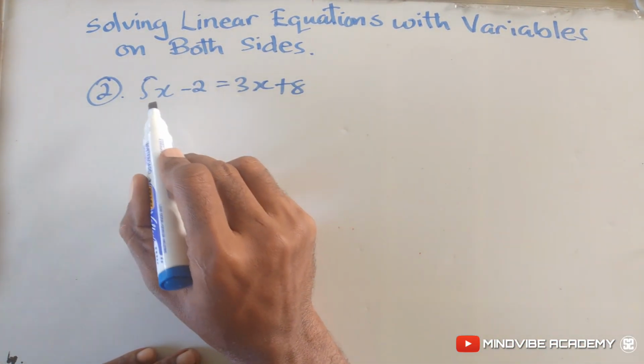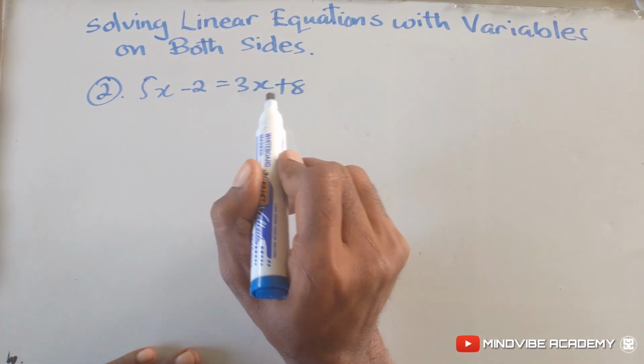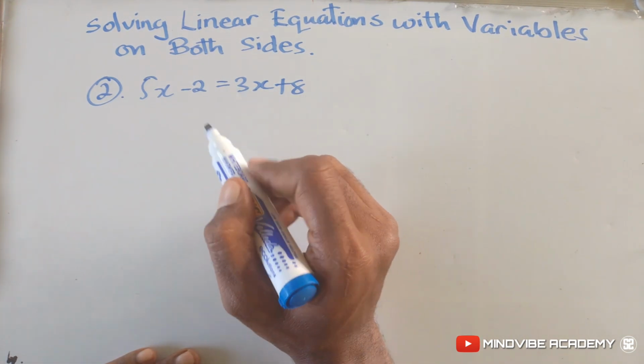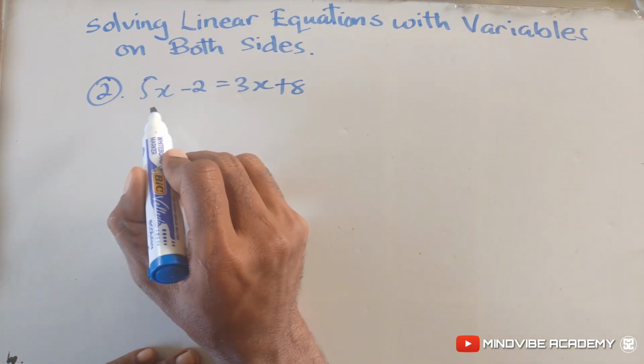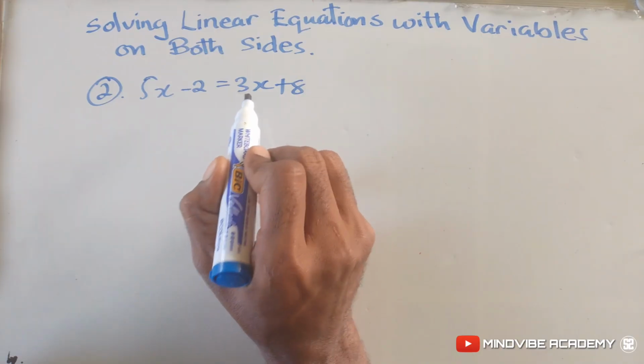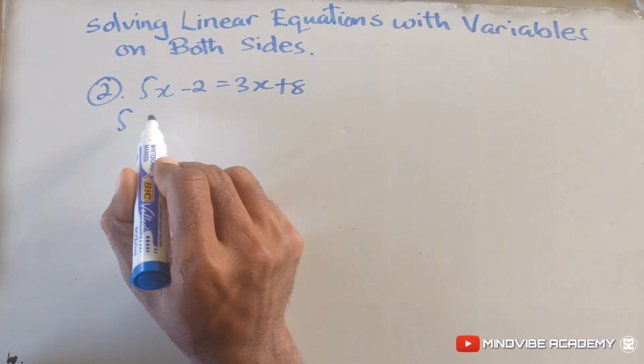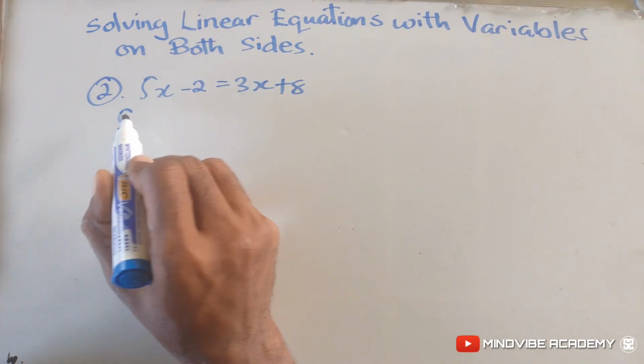We have 2x minus 2 is equal to 3x plus 8. So we are going to first of all subtract 3x on both sides.